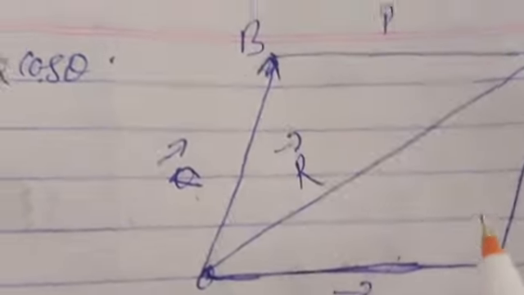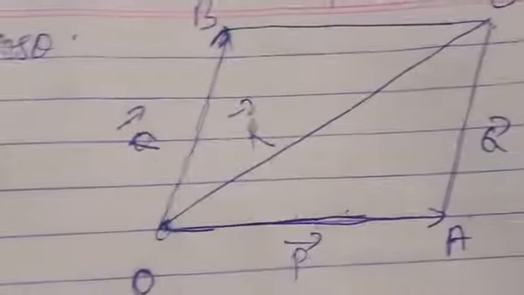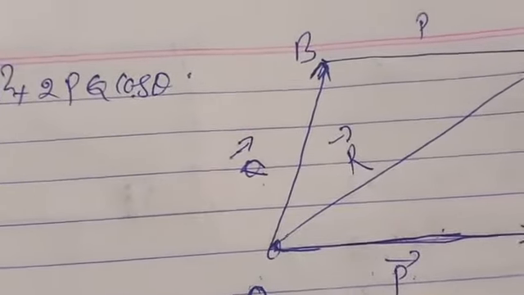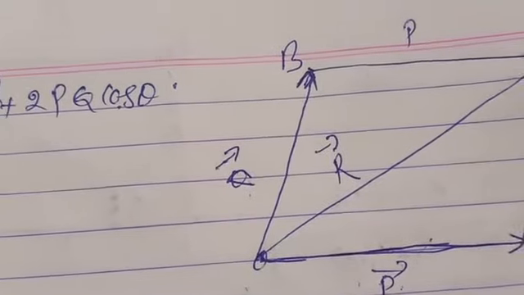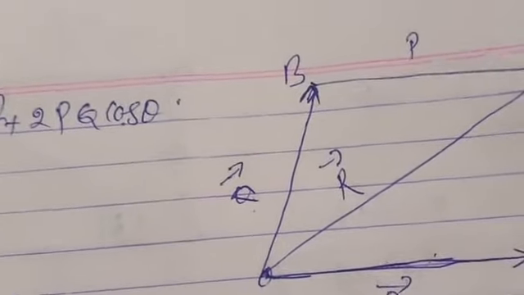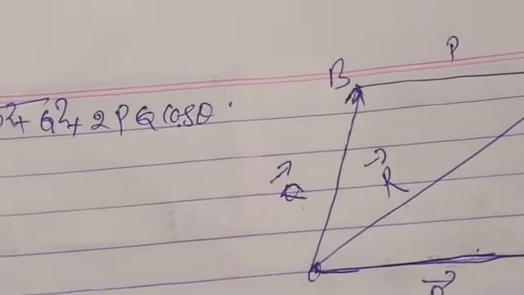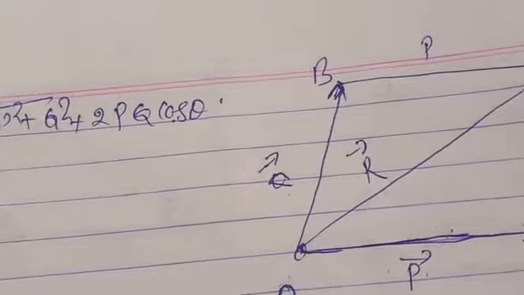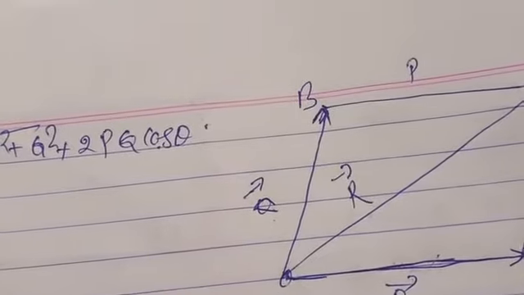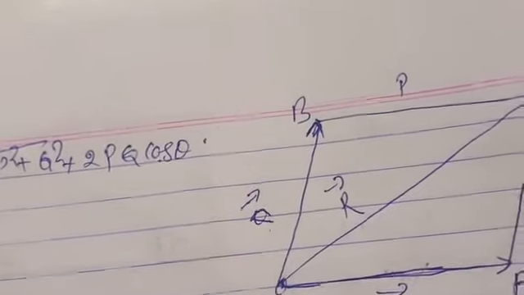I repeat again, understand very carefully: if two vectors acting simultaneously on a particle are represented in magnitude and direction by two adjacent sides of a parallelogram drawn from a point, then their resultant is completely represented in magnitude and direction by the diagonal of the parallelogram drawn from that point.